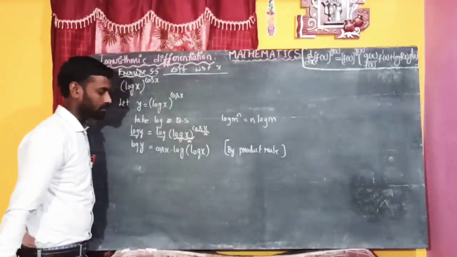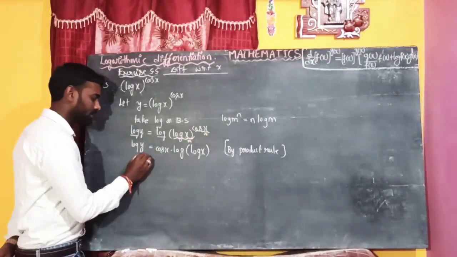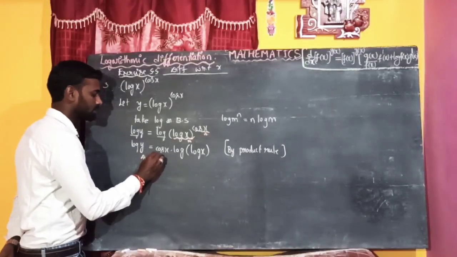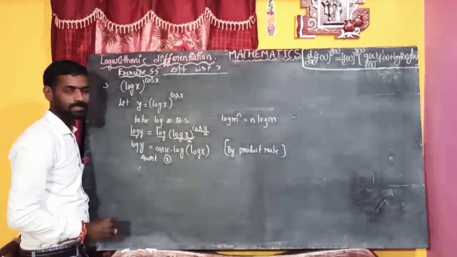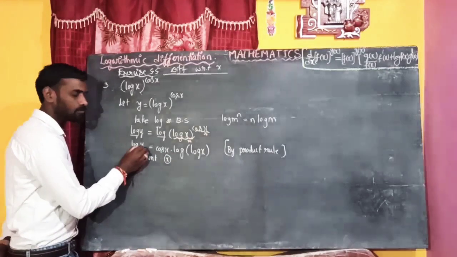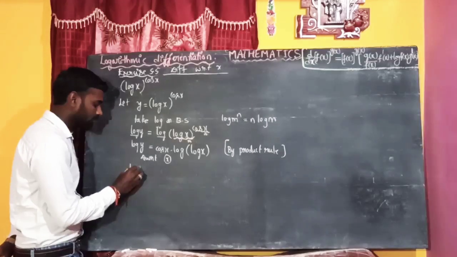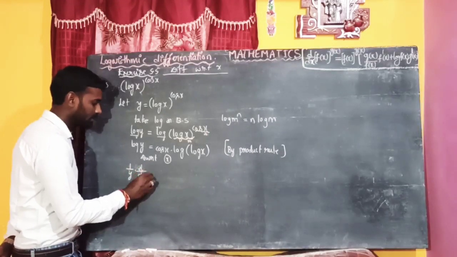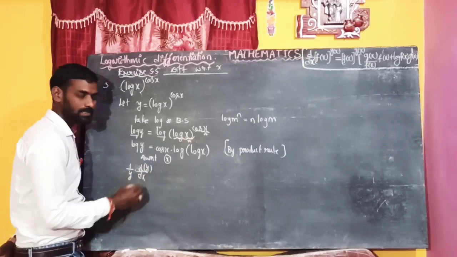Here I will directly differentiate this with respect to x. The derivative of log y with respect to x is 1 by y into d by dx of y.